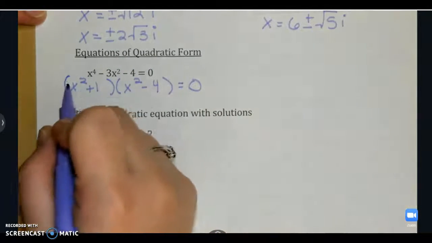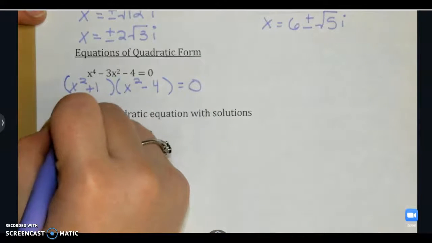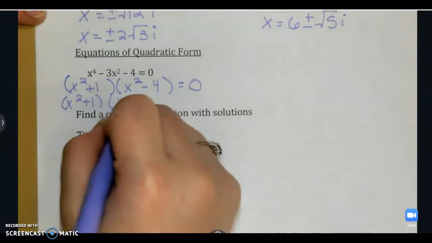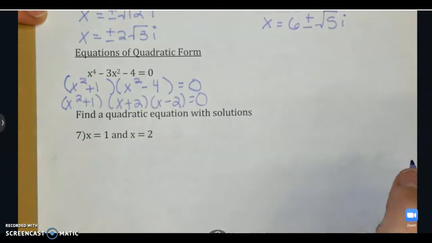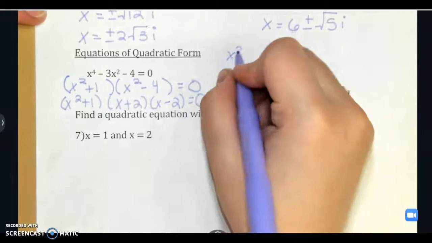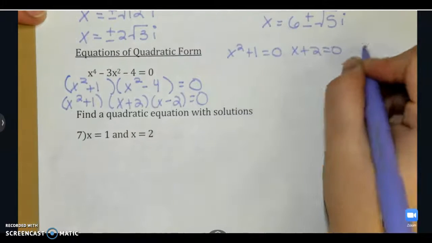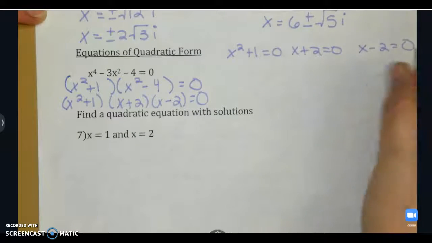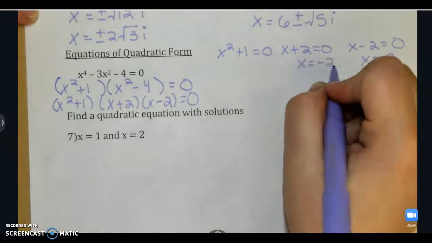Now, this cannot be factored further, but x squared minus 4 is a difference of squares. So that's going to be x plus 2 times x minus 2. So I've factored completely, and I'm ready to set up my parentheses equal to 0 to find my solutions. So x is going to be positive 2, x is going to be negative 2.